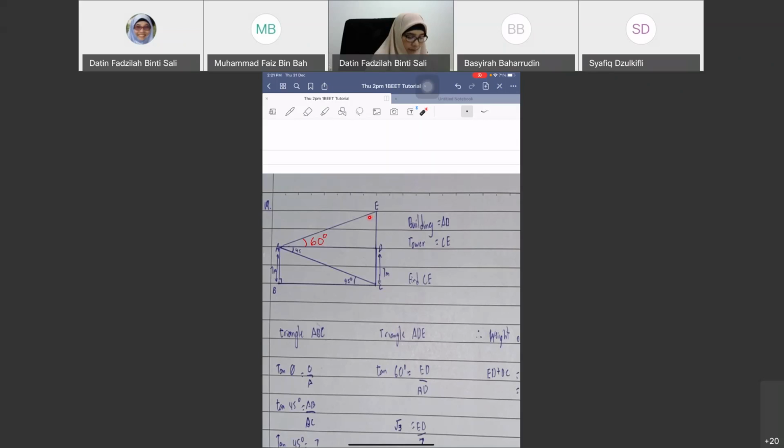And from this point also, from the top of the building, you have your angle of depression, which is 45 degrees. So the angle of depression from this top to the foot of the cable tower is 45 degrees.